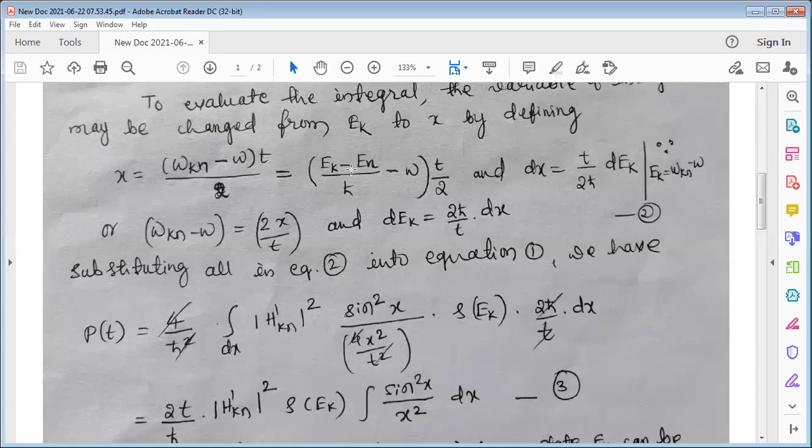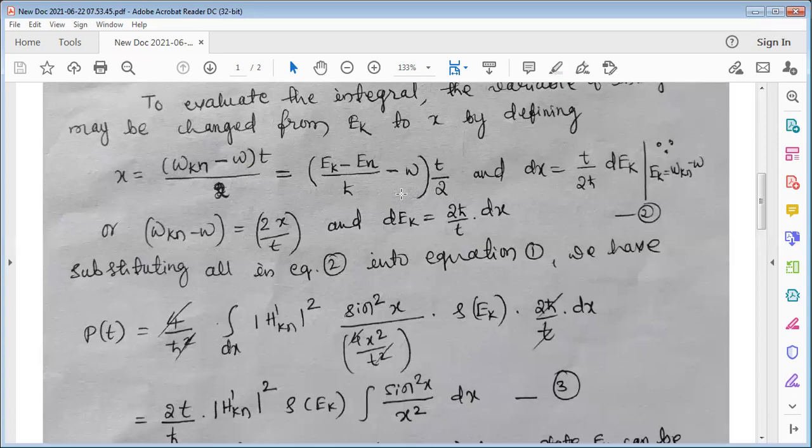You let it be omega kn, or we write this also as E by h cross. Then whatever term is in the numerator is some energy, so that is dEk, divided by h cross.